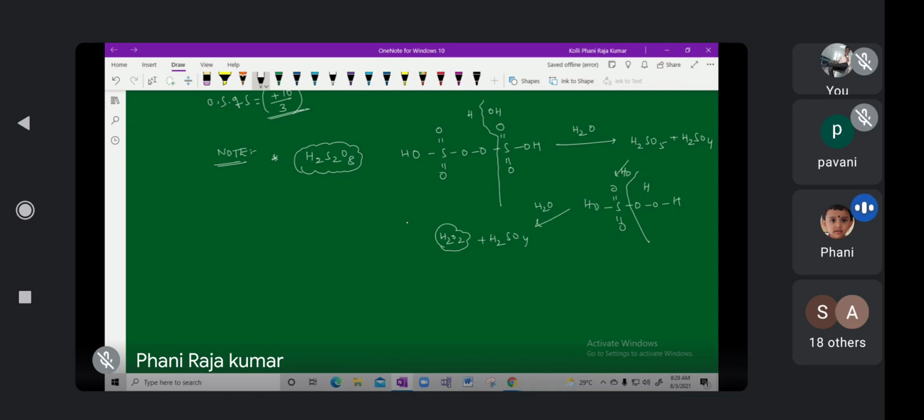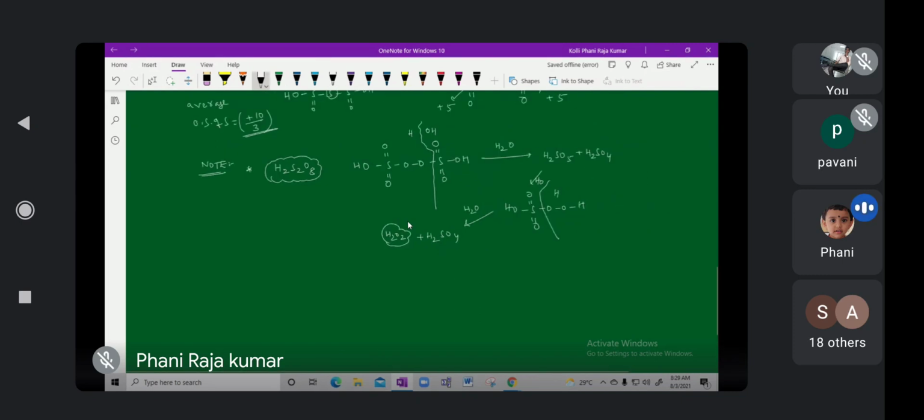So 2 equations are there. What is first equation? H2S2O8, first step of hydrolysis plus H2O, it gives H2SO5 plus H2SO4. Next one, H2SO5 plus H2O gives rise to H2SO4 plus H2O2.